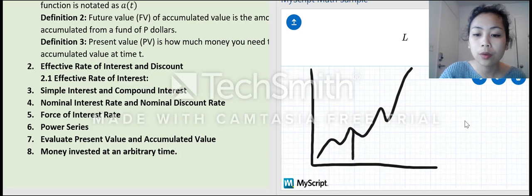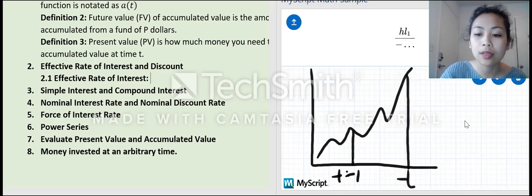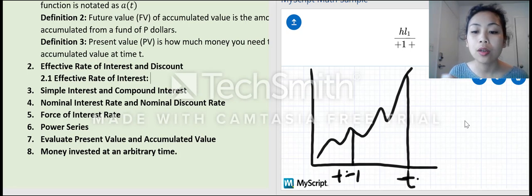Here suppose this is at time t minus 1 and this is at time t. So the effective rate of interest basically measures the rate of change of the accumulation function based on the fund at the beginning.